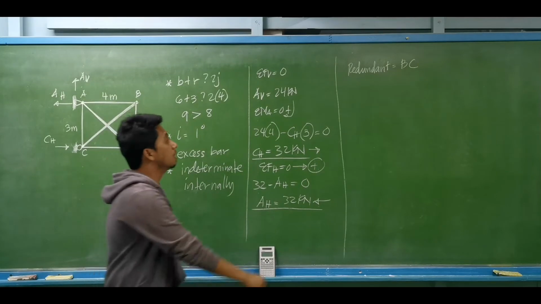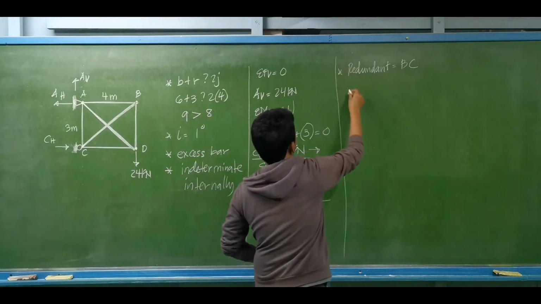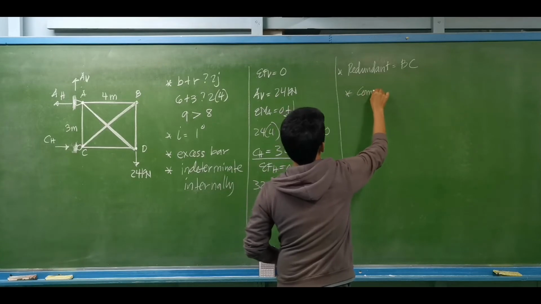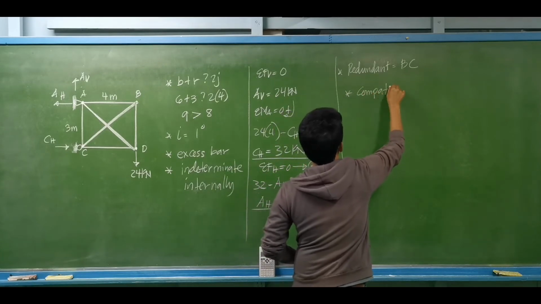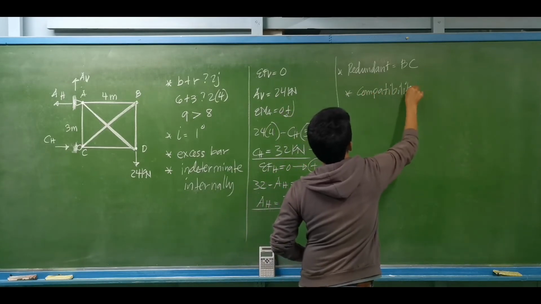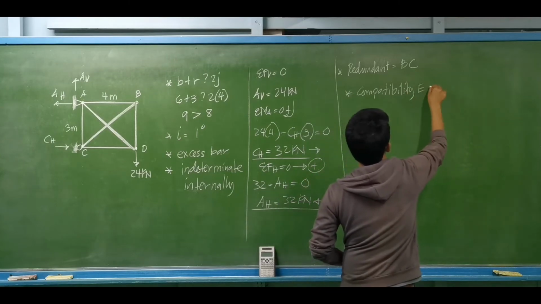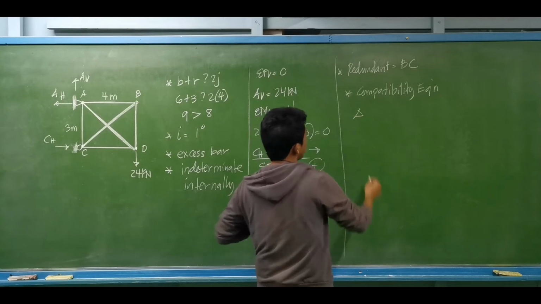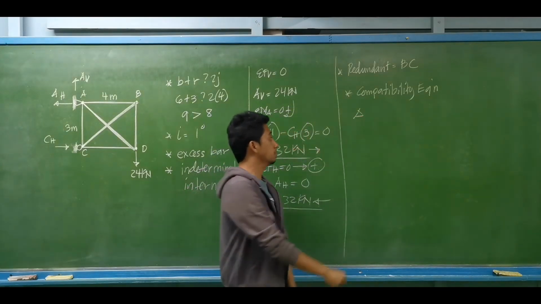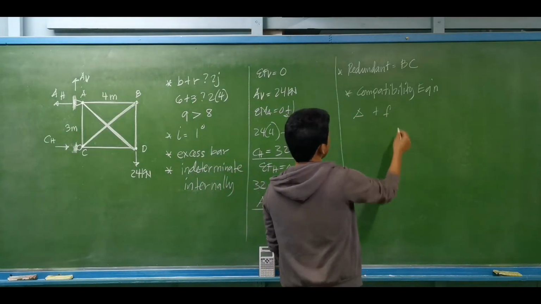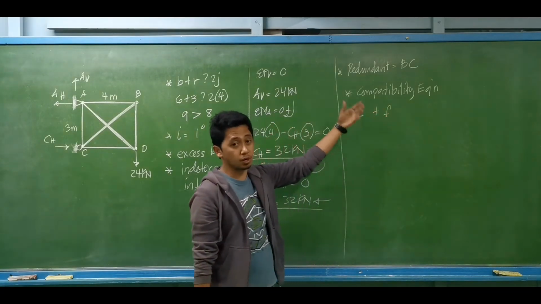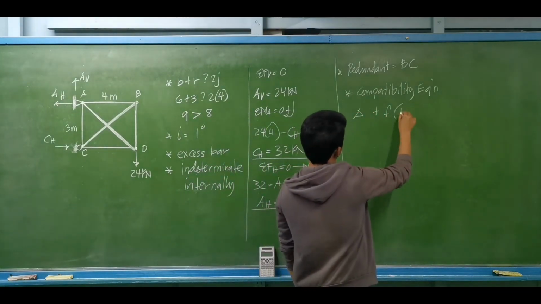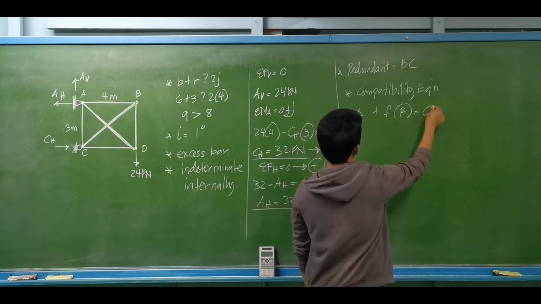Then we have the compatibility equation: delta, the deflection of the truss due to real load, plus F, the deflection of the primary truss due to unit load, times the redundant, equal to 0.